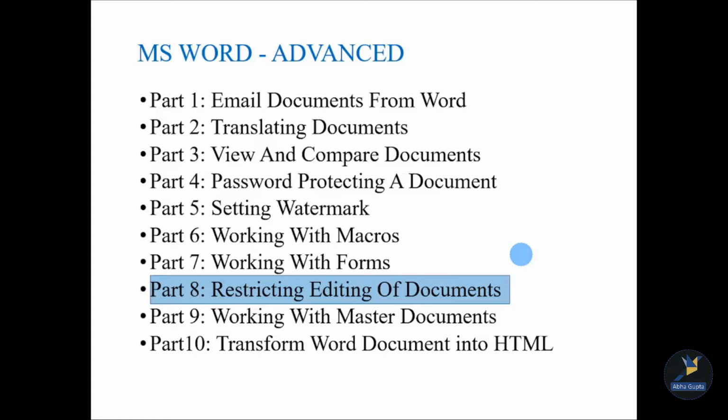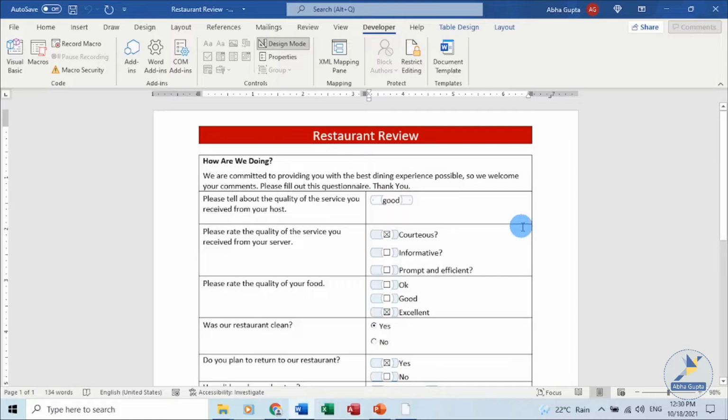In this video, we will see various methods to prevent others from formatting or making changes to a form or a document if we are sharing it with them. I'm using the same restaurant review form which we created in the previous video on fillable forms.